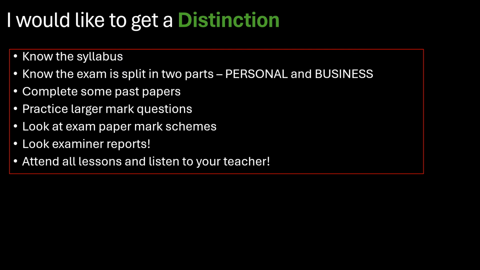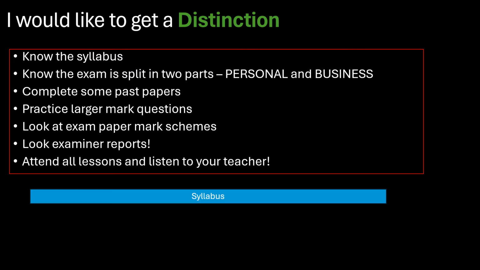I find that the students who are in my classes 100% of the time are the ones that get the higher grade, and they're the ones that get distinction. So it's common sense that if you attend lessons and listen to your teacher's instructions, the likelihood is you're going to get a higher grade than somebody who's not in the lessons and completing work.